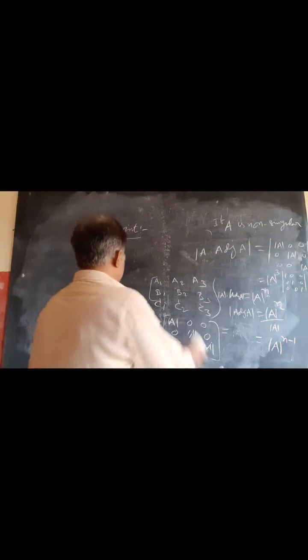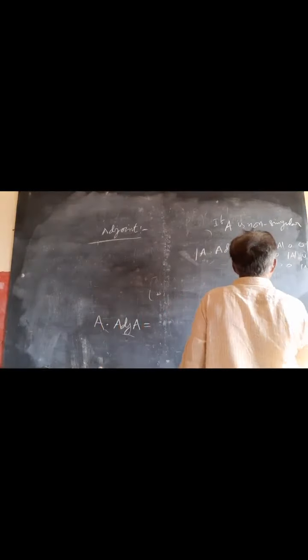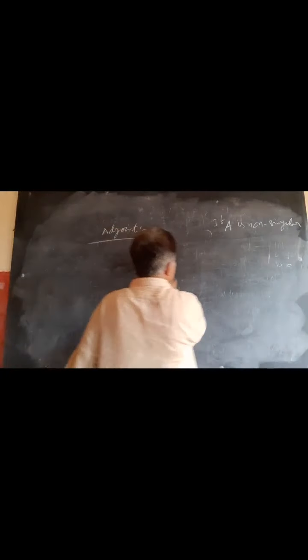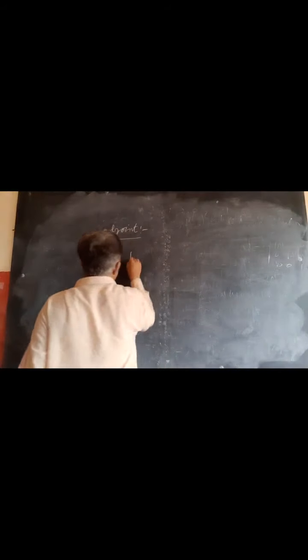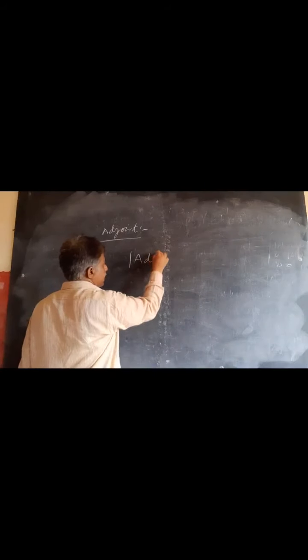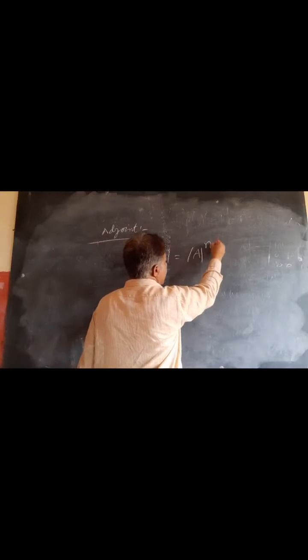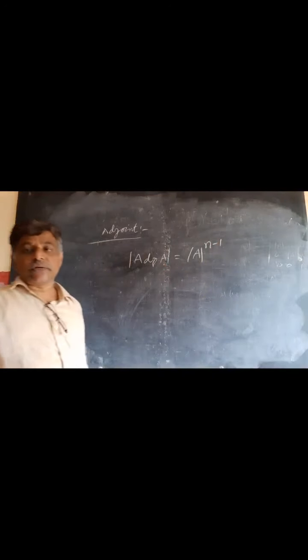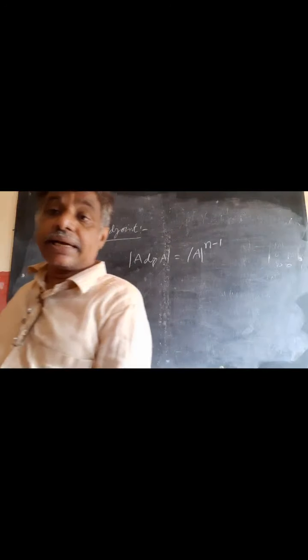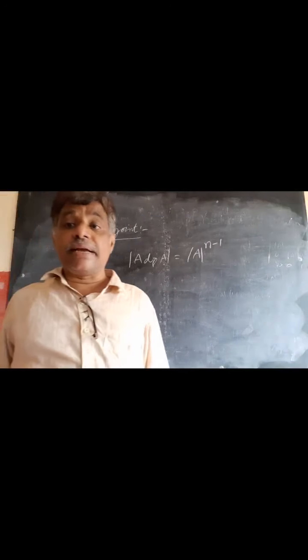So the property is: det of adjoint A equals det A power n minus 1.